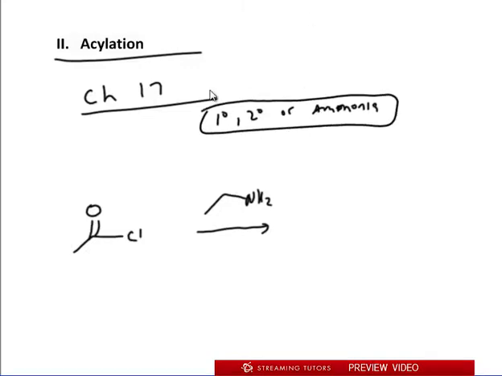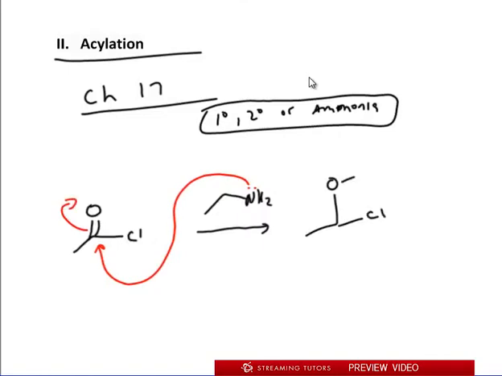Now, the reason why it can't be tertiary, which I'll show you right now: if this nitrogen was to come in, and this opens up, then we get an O minus, we have a Cl, and we have an NH2 plus, right? Remember that Cl is such a good leaving group that this is going to close down and the Cl is going to leave.